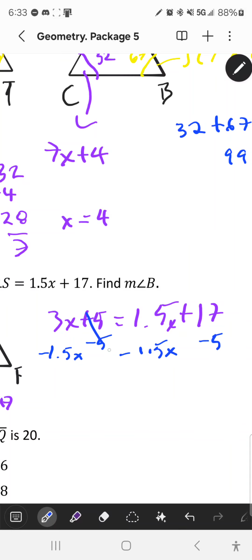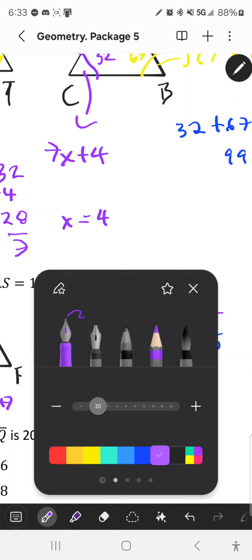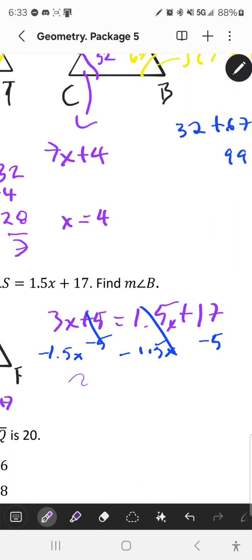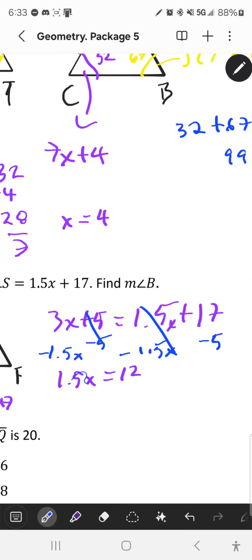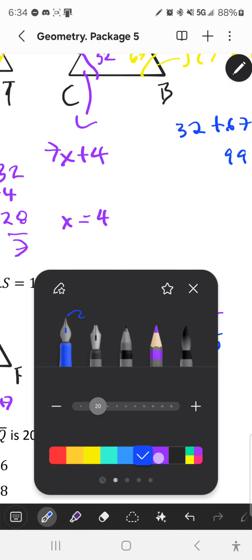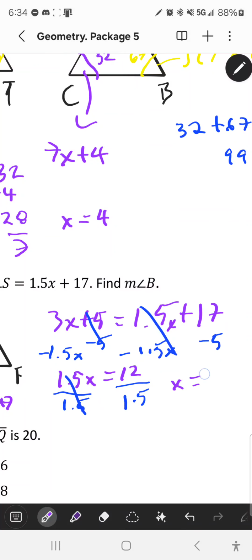So this cancels and this cancels here. Now 3x minus 1.5x is just 1.5x. 17 minus 5 is 12. And when we divide, we divide by 1.5 on both sides. And if I'm not mistaken, x equals 4.